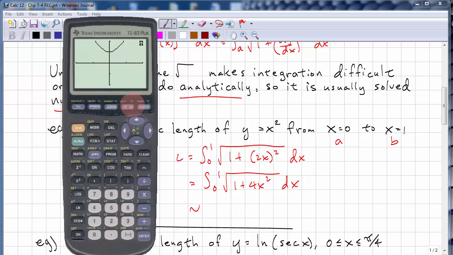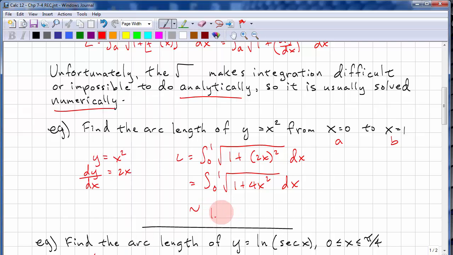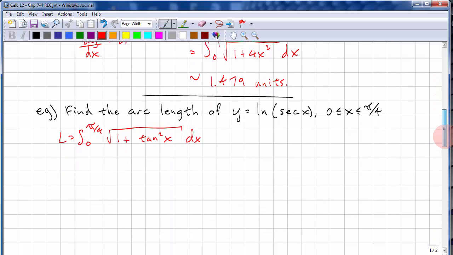And then we're calculating the integral from 0 to 1. And we get 1.479. And you should use units as your units.